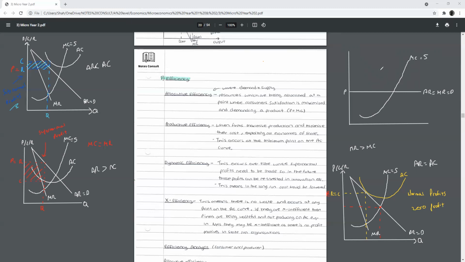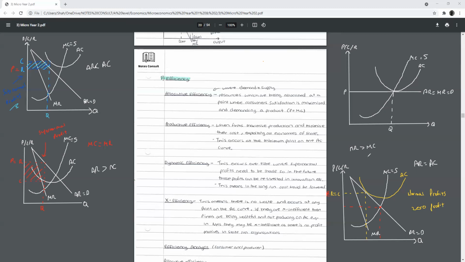And I have my average cost, which is here. Price, cost, revenue on this axis, and this is your quantity. And this firm is going to produce where MC is equal to MR.